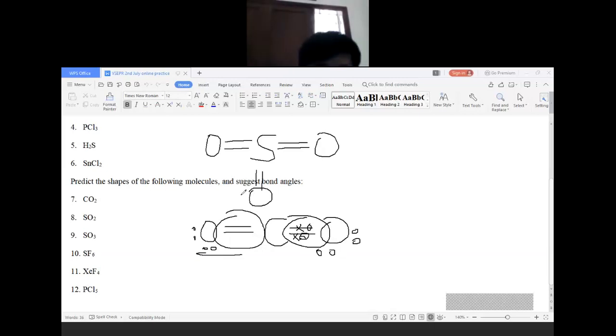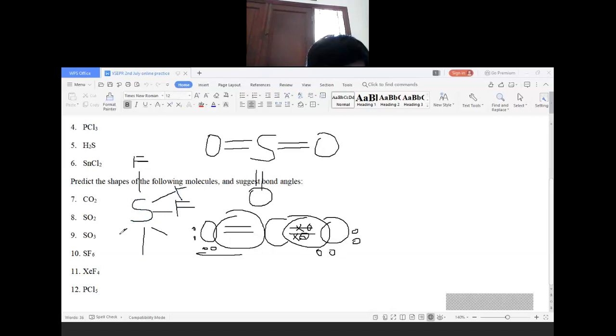And then SF6. SF6, yesterday, is the famous example. This one has 6 fluorine around it. So what is the bond angle?